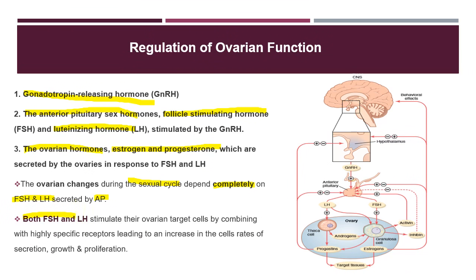So both FSH and LH stimulate ovarian target cells that we will talk about later by binding to specific receptors and then modulating the rates of secretion, growth, and proliferation in these cells, and thus modulating the ovarian function.